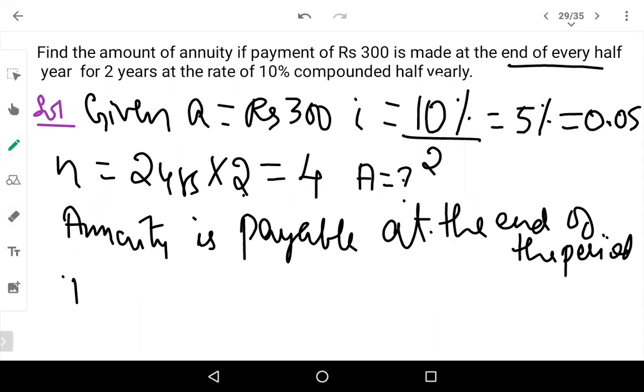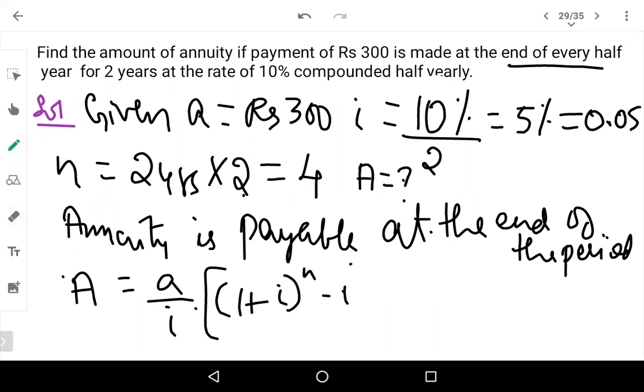So use the same formula. A is equal to A by I into 1 plus I to the power n minus 1.